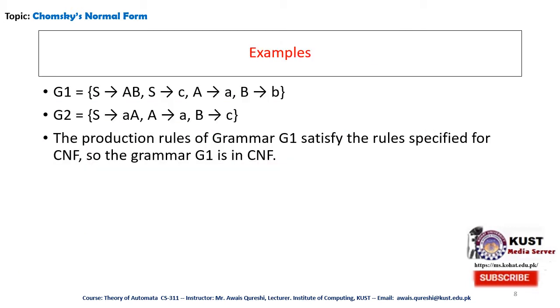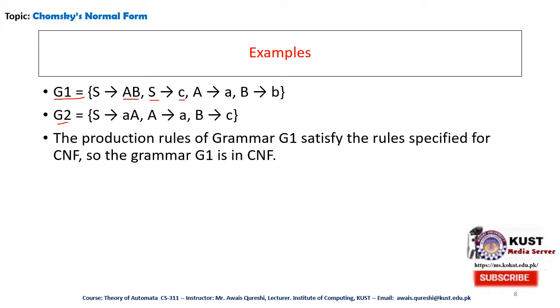Examples. Here you can see this is grammar 1 and this is grammar 2. As you can see, S is a non-terminal and it is generating two non-terminals. Here you can see S is a non-terminal and it is generating a terminal.